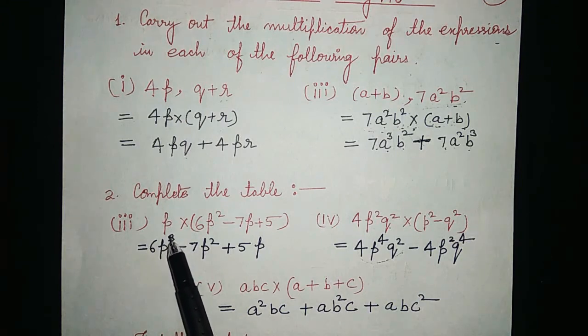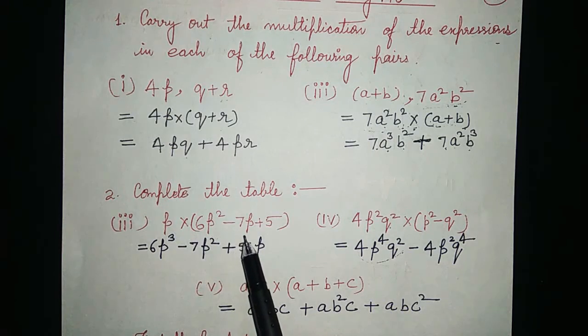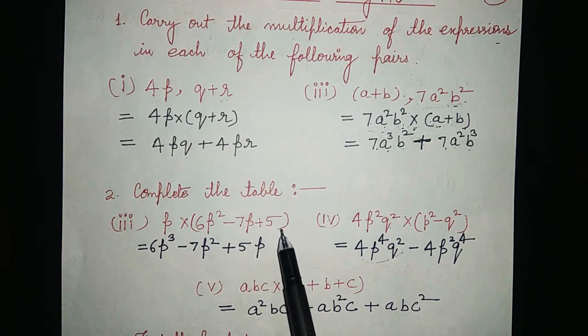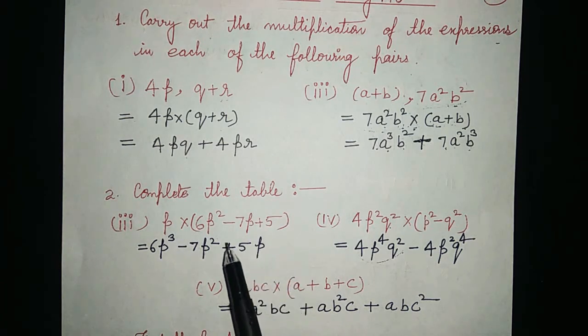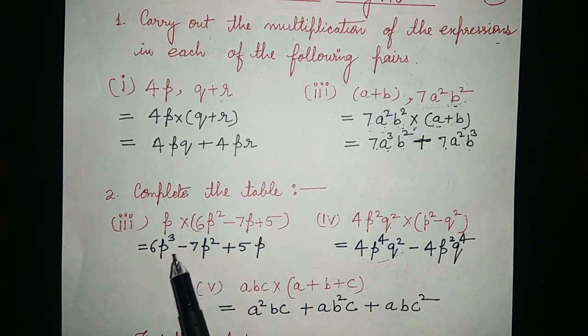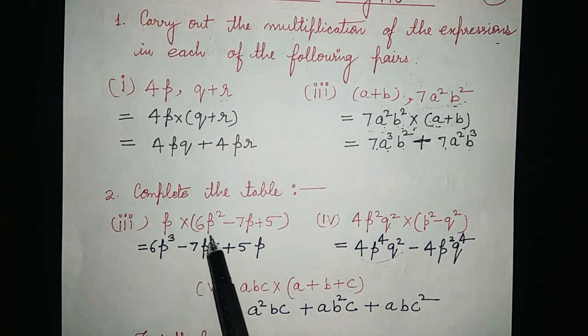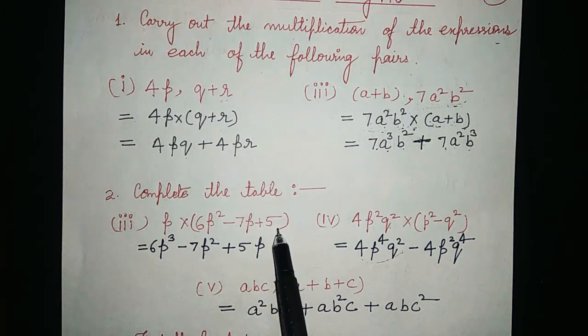Here we have to multiply p and 6p square minus 7p plus 5. Okay. Here 6p square minus 7p plus 5 is second expression and this p is the first expression. Here you can see p is a monomial and 6p square minus 7p plus 5 is a trinomial.